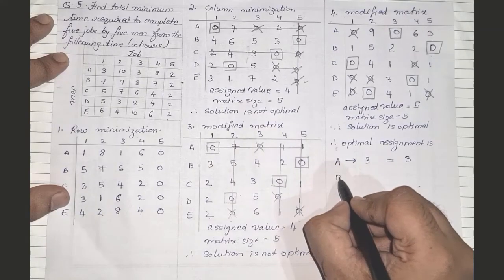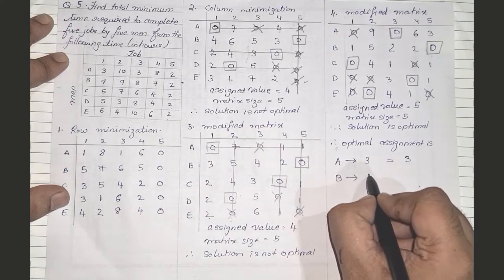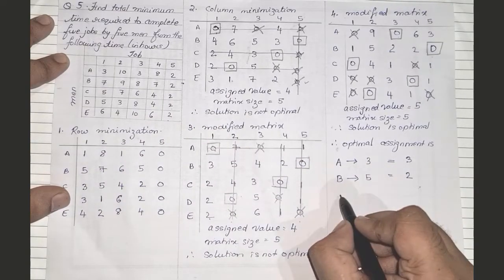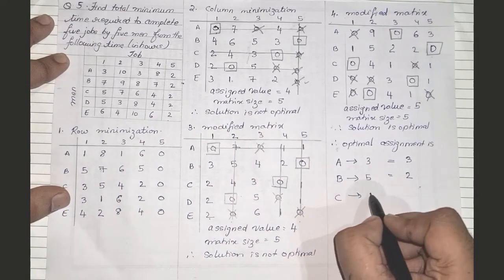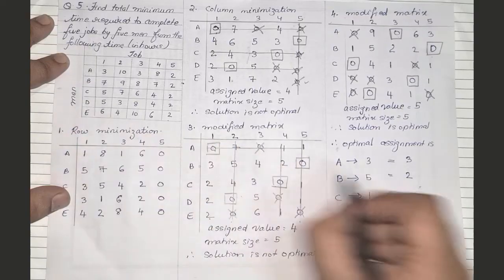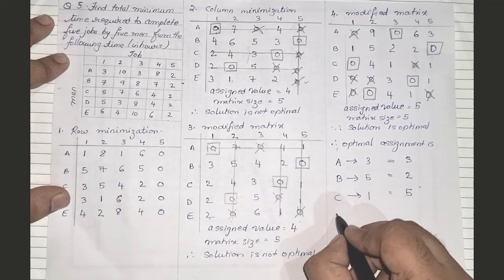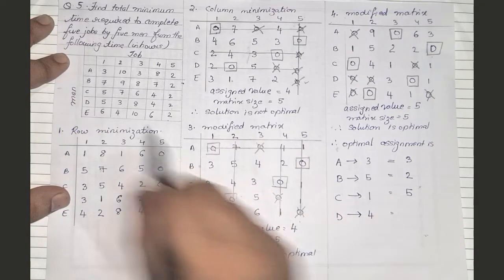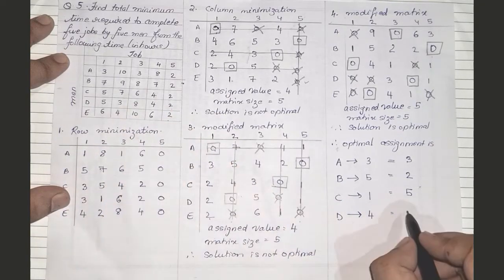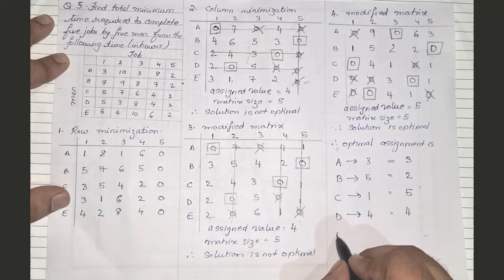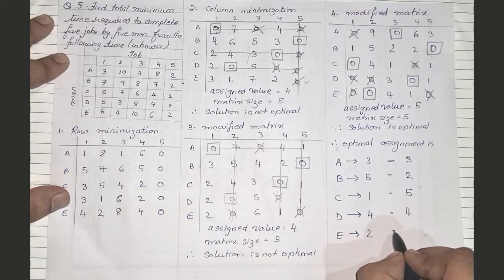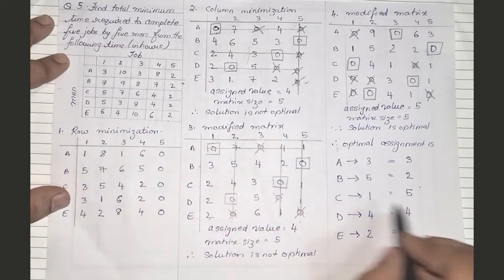For man B, the job given was 5. The B5 is 2. For man C, the job which was given was 1. So C1 is 5. For man D, the job which was given was 4. So D4 is 4. And last, man E was given job number 2. E2 was 4.